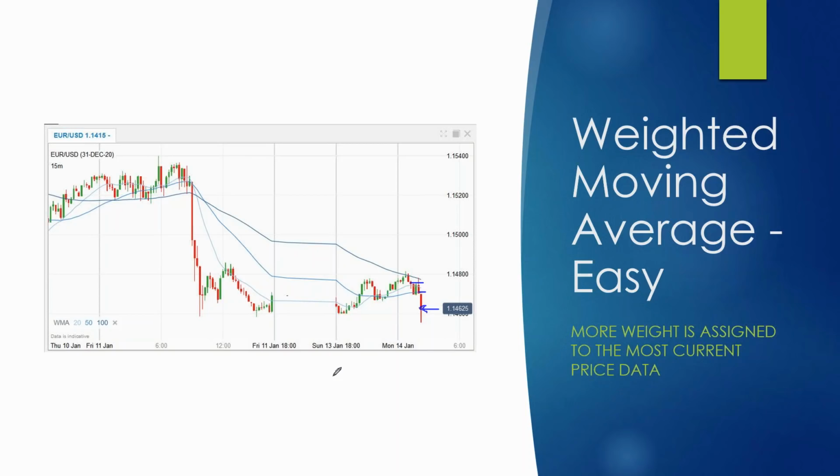So if I go from a 15-minute to a 60-minute, that means I used a multiple of 4 to get to my 60-minute time frame. Is everybody with me so far? So I have a 15 and I have a 60-minute, right? Okay.